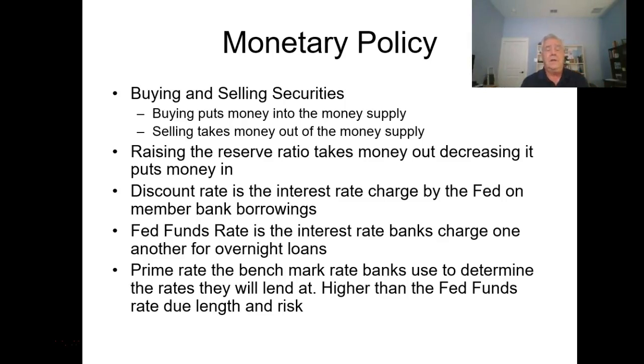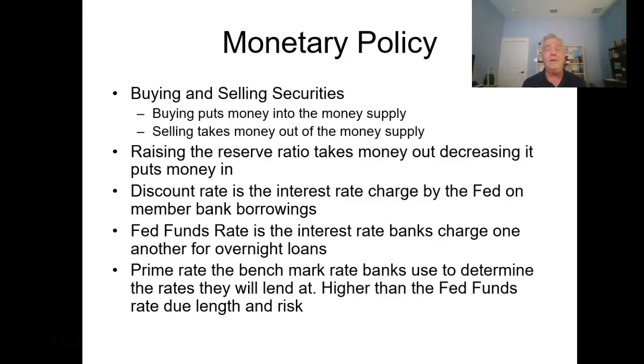So this means that the Fed funds rate is kind of determining what's going on in the economy. So what banks do is they use that Fed funds rate as a criteria for setting what they call the prime rate.